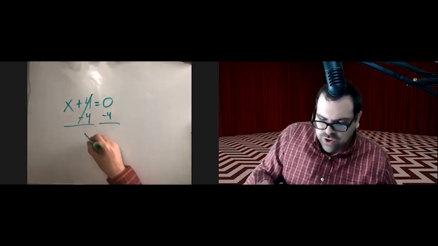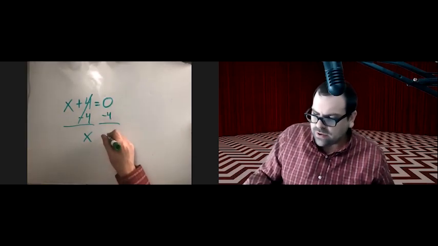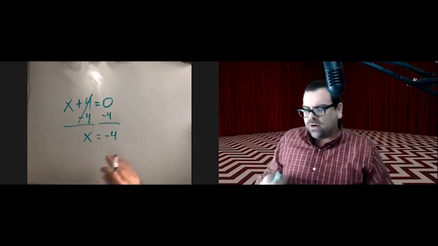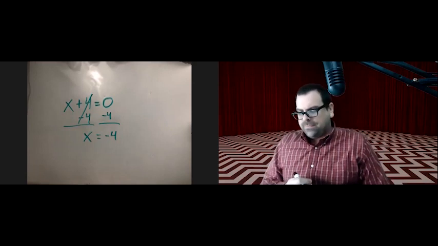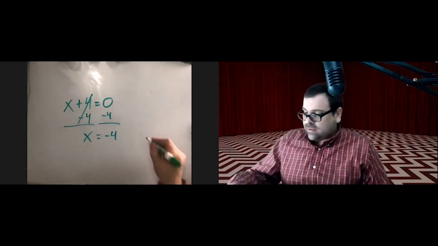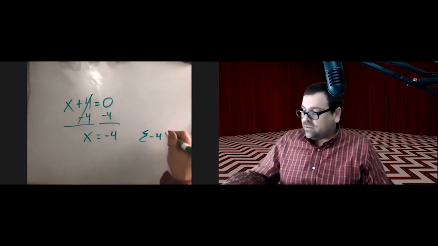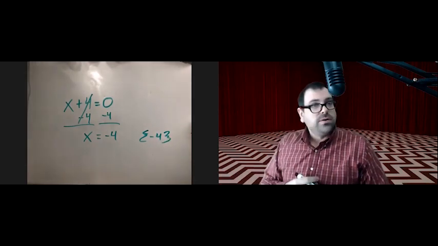It leaves us with just x on the left, and then 0 minus 4 is -4 on the right. If we wanted to express our answer as a set, it would be the set containing our answer, one number, -4.